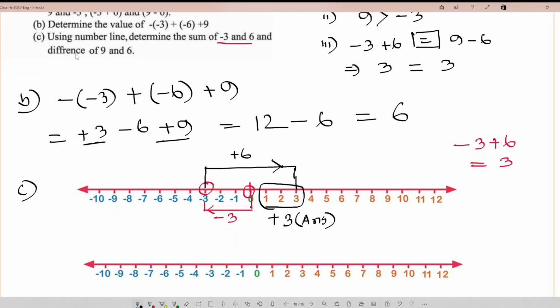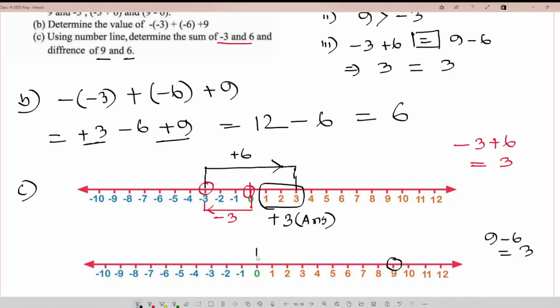Now determine another thing, difference of 9 and 6. 9 and 6. So what is the difference? Difference means subtraction. So 9 minus 6. The main theme is 9 minus 6. It should be 3. So first 9. It means here is a plus 9. Now difference.